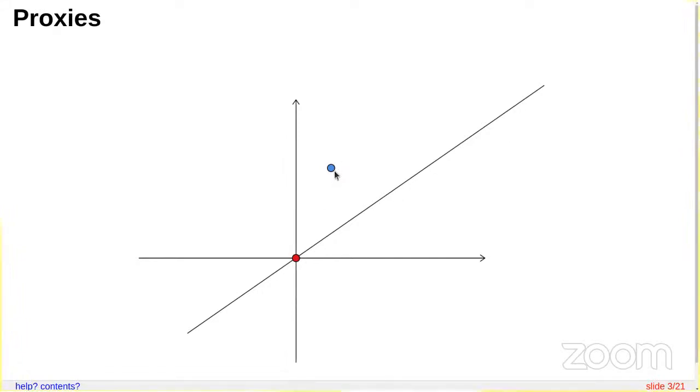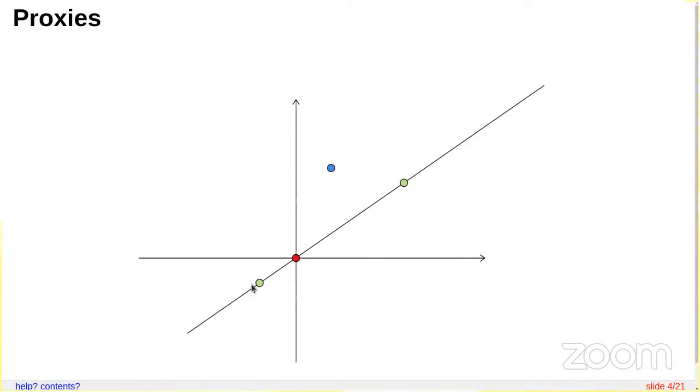The blue point here is the data point, and red is just the origin. I have a line passing through the origin. How can I represent this blue data point on the line? That's what, if you recall, sir meant by proxies. So there is a proxy for this point on this line. You could have different proxies. This green point is also another proxy.